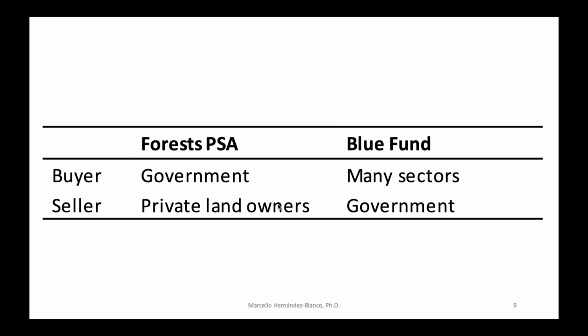And we would have a monopoly, if you want to call it that, because it would be only the government selling those services. This is because, at least in Costa Rica, the government is the owner of marine and coastal ecosystems such as mangroves or coral reefs, etc.